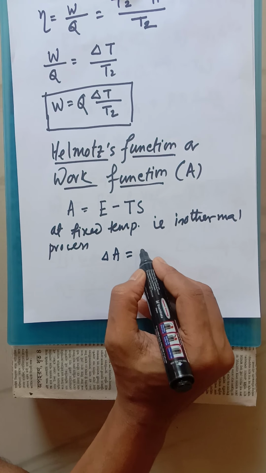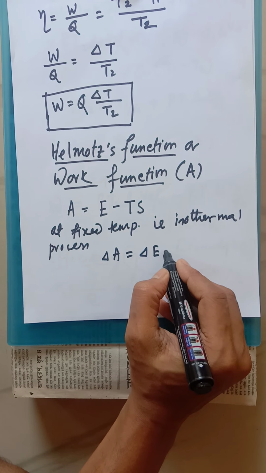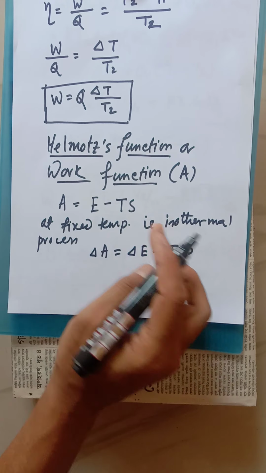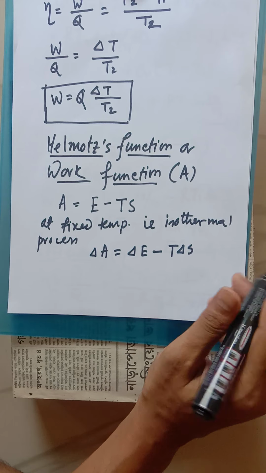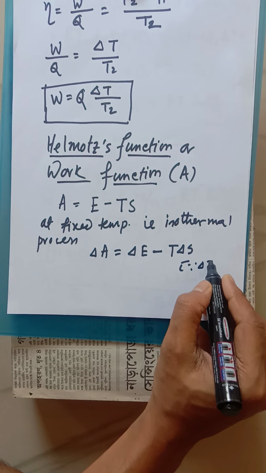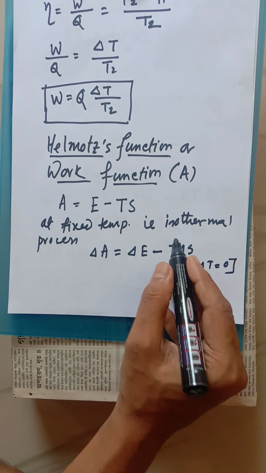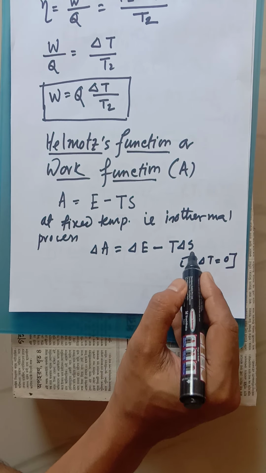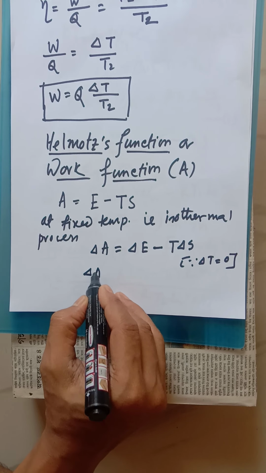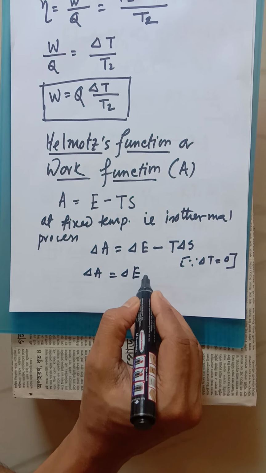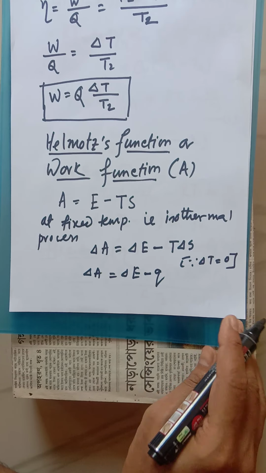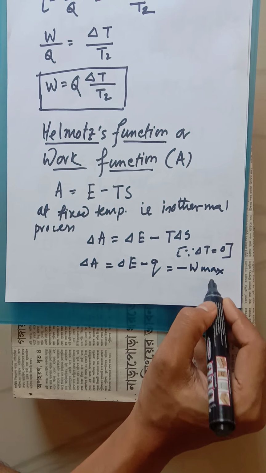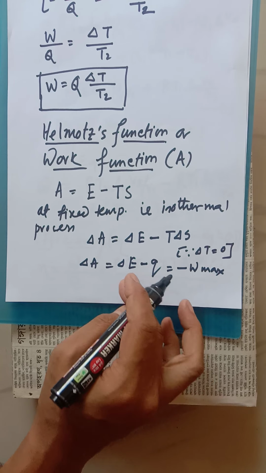Delta A equals delta E minus T delta S, because there is no change in temperature, so delta T will be 0. So ultimately we have got this equation. Now this T delta S is nothing but Q, so that is equal to minus W max. From the first law of thermodynamics we can easily write this out.